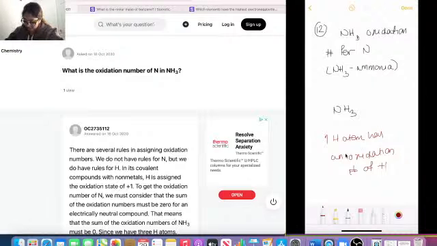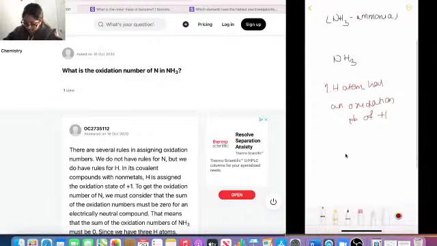Since we have 3 in this case, 3 hydrogens would equal +3 as their oxidation number.